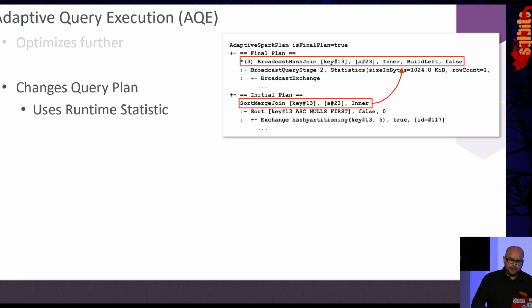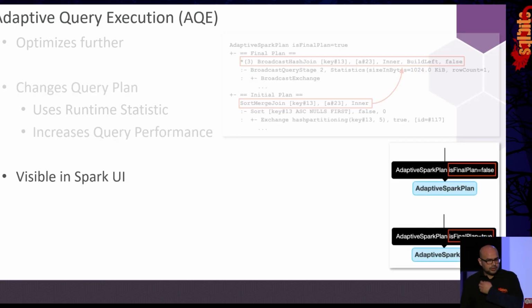The example there is, it started with the initial plan saying it's going to do a sort merge, and that's what it sent to the cluster. But as it loaded the data, it realized it's actually small enough to just do a broadcast hash join. So it's changed it at the time of execution, and this will increase the performance and make your queries faster and better for analytics.